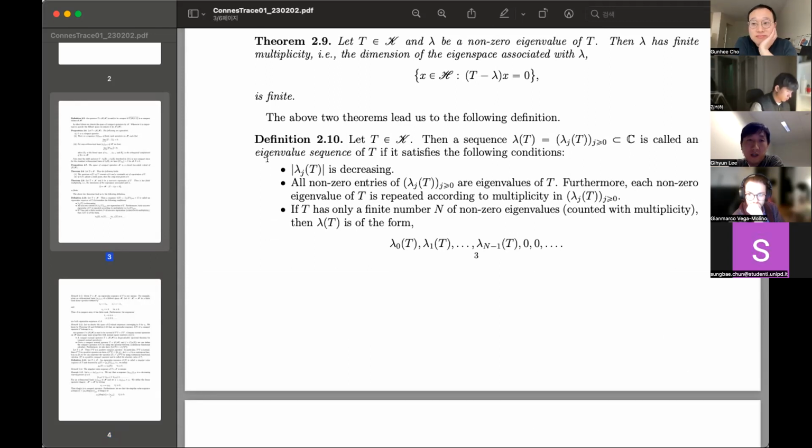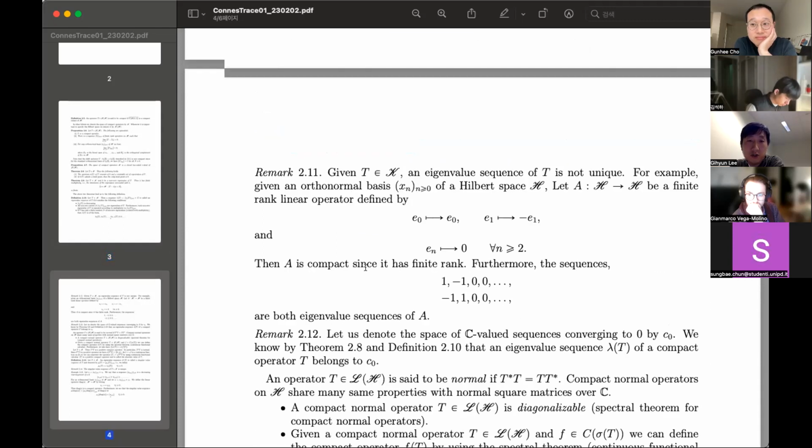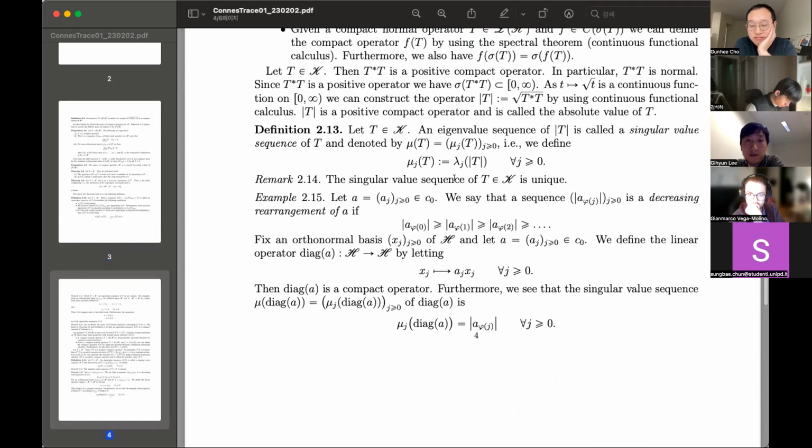So if we obey all these conditions in the definition, then we can say that the singular value sequence of the given compact operator is unique.